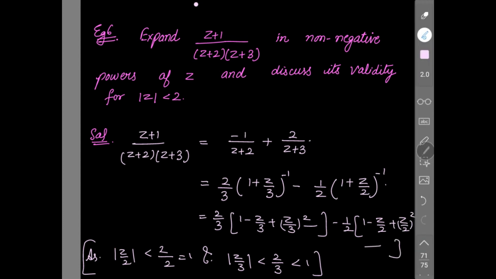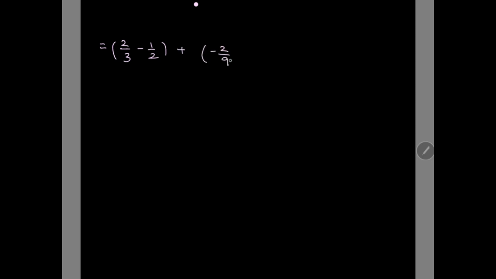Now collecting the terms having the same powers, this is equal to 2 by 3 minus 1 by 2, plus minus 2 by 9 plus 1 by 4 z plus 2 by 27 minus 1 by 8 z square, and so on.